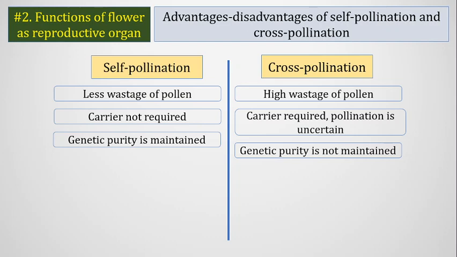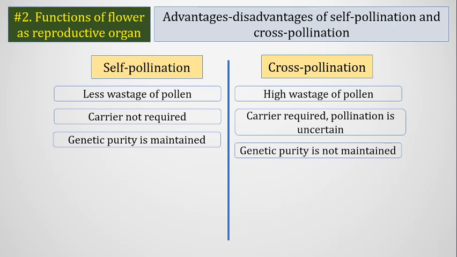And in self-pollination, genetic purity is maintained, because the pollen and the ovum, the male gamete and female gamete, come from the same plant, so there is no genetic difference between the mother plant and the offspring plant. So the genetic purity will be maintained.